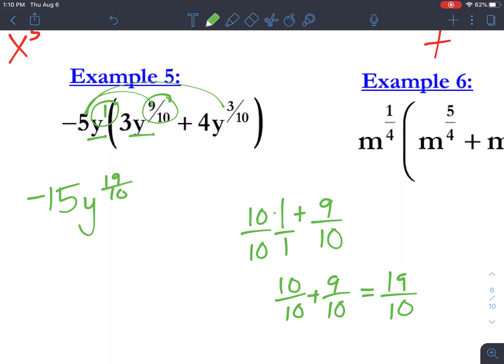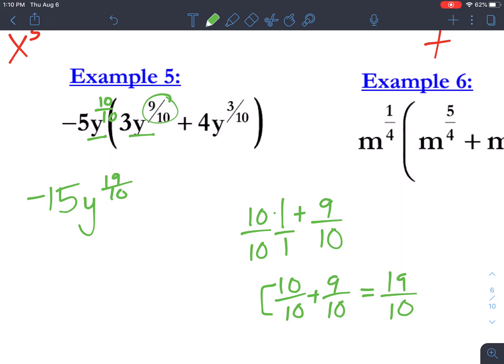If that is bothering you guys, I'm sorry, that's an adding fractions problem. We've got to figure those out for our Algebra 2 class. So again, we're adding 1 plus 9/10, and we just make those the same denominator. So really, we can just treat this as y to the 10/10, since that's the same thing as saying y to the first.